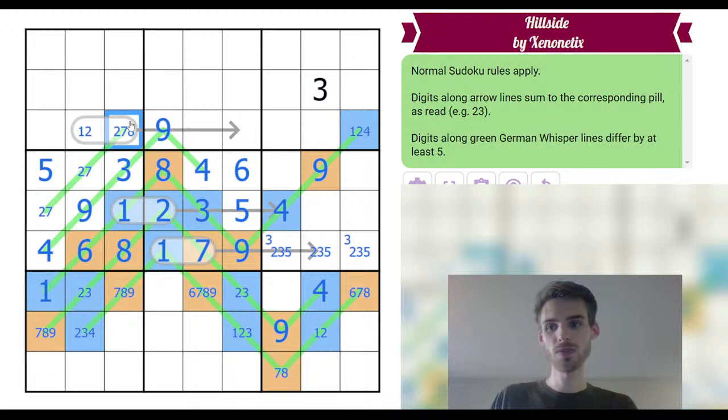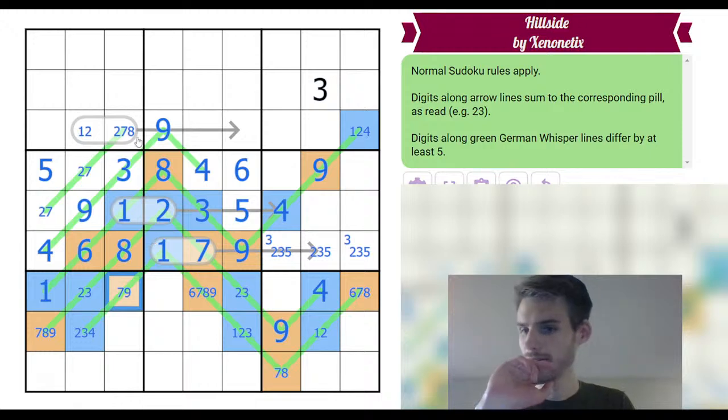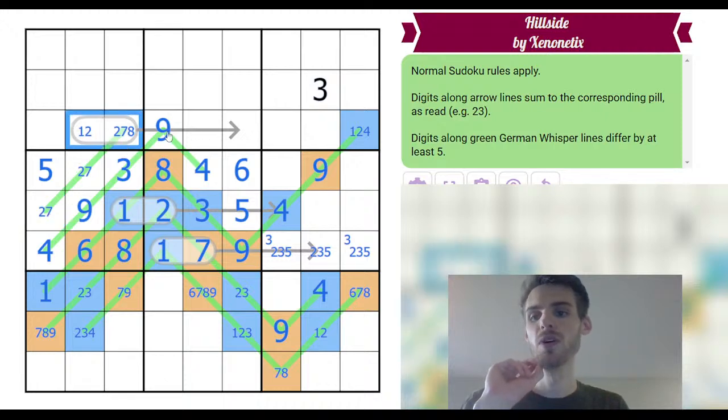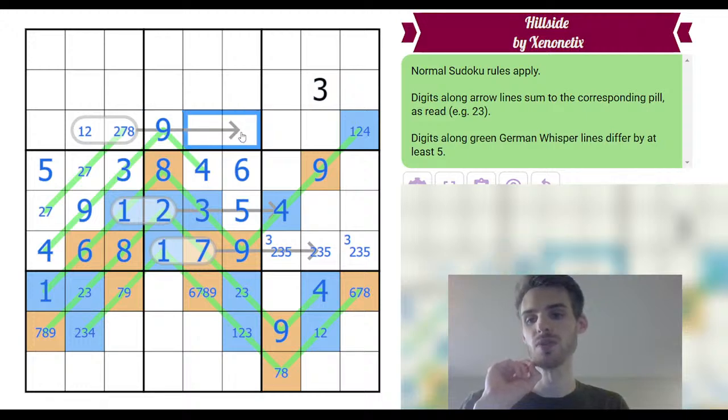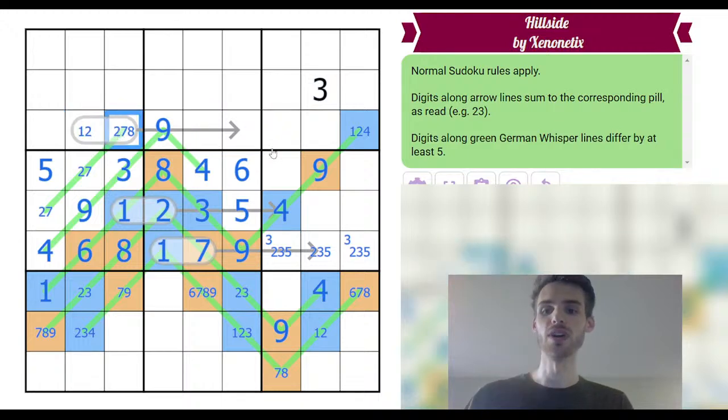Row 3, column 3 can't be a 2, because if it was, I'm not sure why not. If this was a 2, this would be a 7, this would be 2. Oh, these would be 12. So this would be 12, which would have to add up to 2. Or sorry, 3. And that can't work with 2 and 1 in the row already.